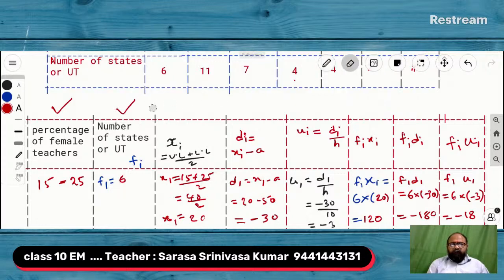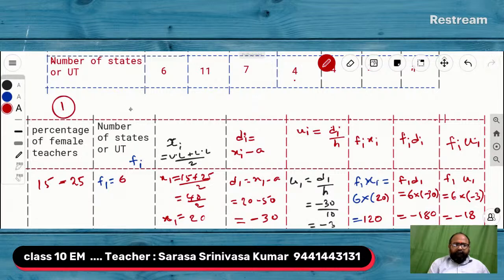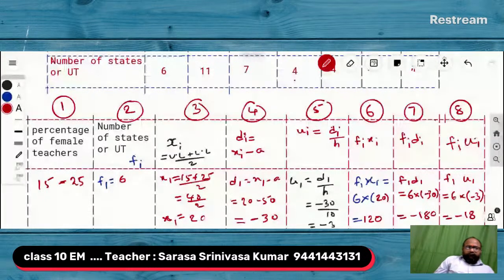This is the first column, and this is the second column. This is the third column, fourth column, fifth, sixth, seventh, eighth. Totally, we have eight columns.